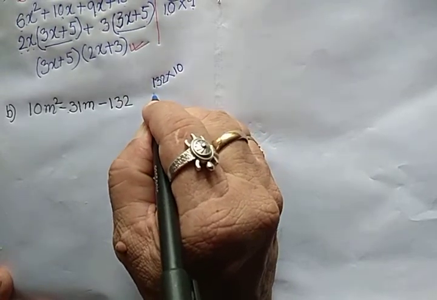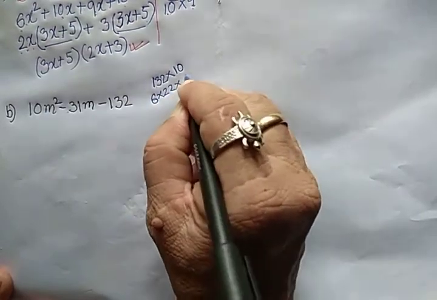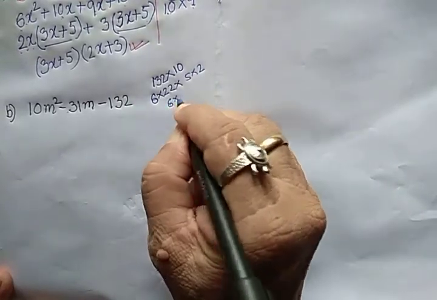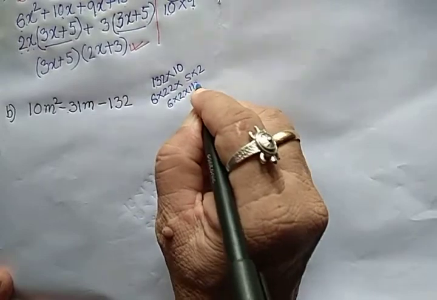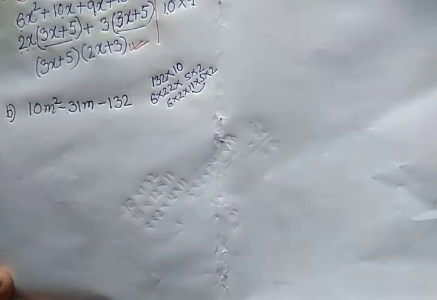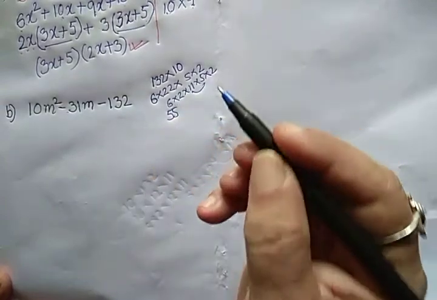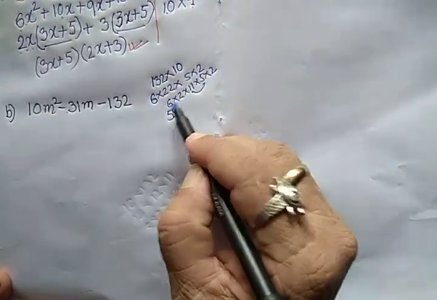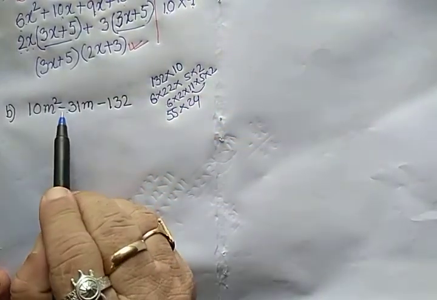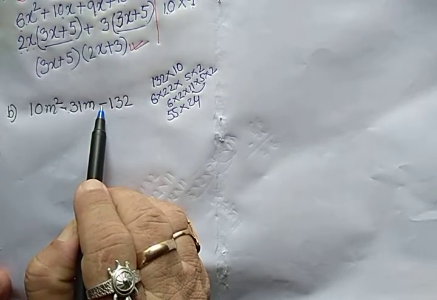6 into 22 into 5 into 2. 6 into 2 into 11 into 5 into 2. I take these two: 11 into 5 is 55. And what are the remaining? 6 into 4 is 24. You see, here you have minus sign and here you have minus sign.